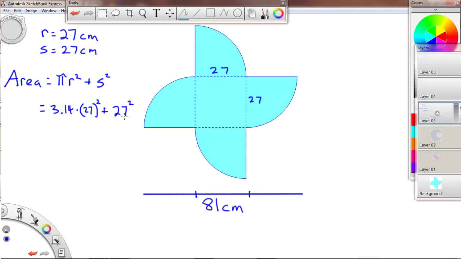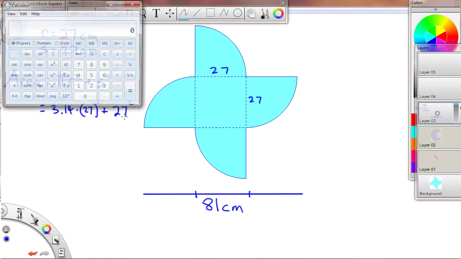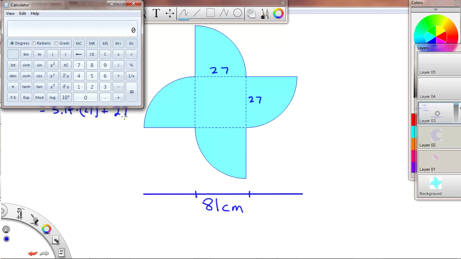Now, of course, for you, you'll be running this through a calculator. I'll bring up my calculator, and that's just what I'm going to type in. 3.14 times 27 squared, which is 729, plus 27 squared again, which is equal to 3018.06. And that's my answer.